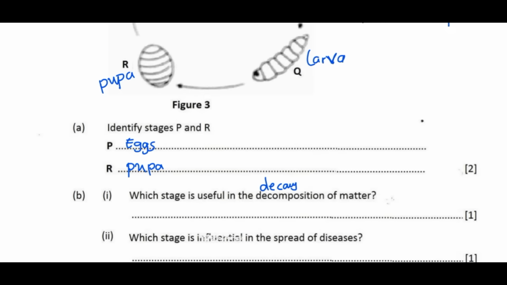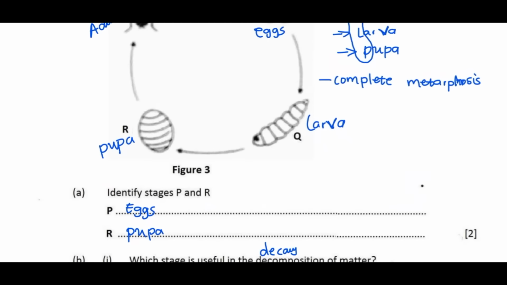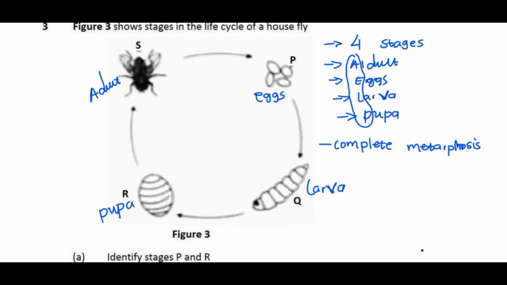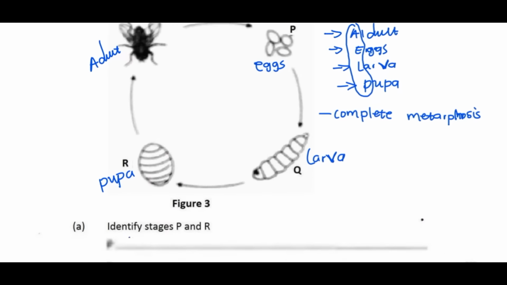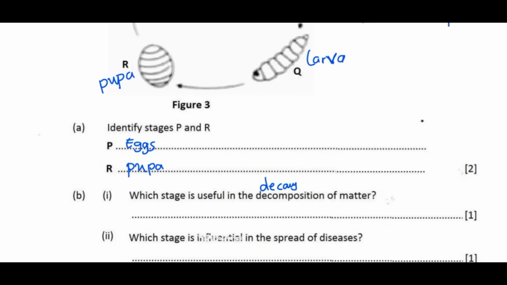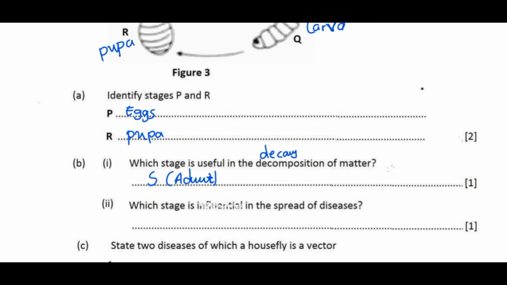So according to the given, we can see that that is S. So adult is involved in decomposition. So S, which is adult stage. The best example I've explained, if you look at the corpse, it is the adult houseflies that you may find there.